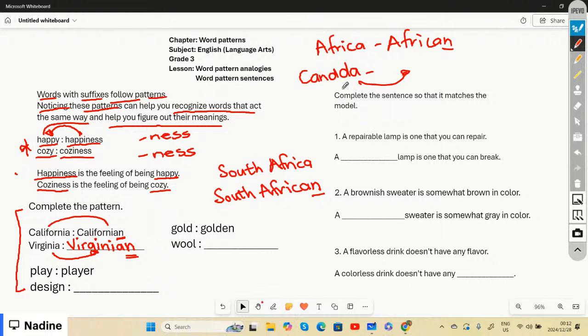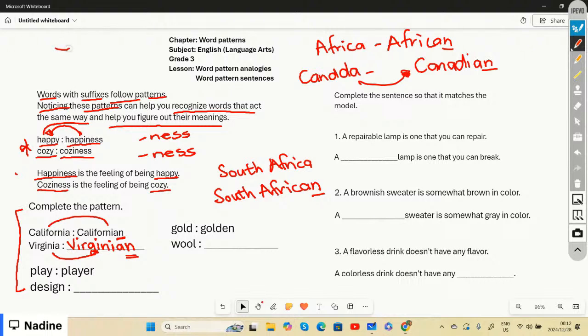So if you're from Canada, then you are what? So if you're from Canada, then we can say you're Canadian. Yes, well done. You're Canadian. All we did was we added an in.